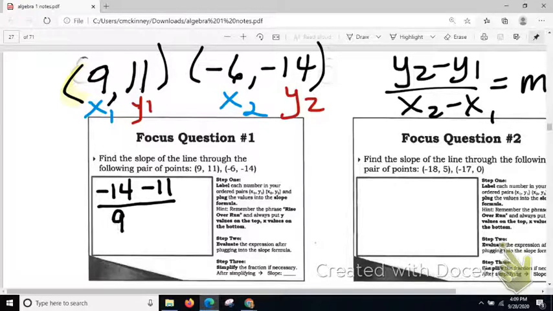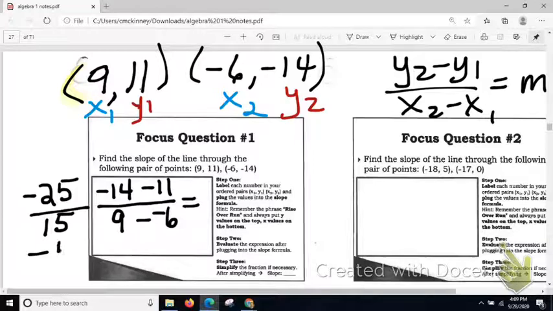And this is 9 subtract negative 6. Following our sign number rules, we get negative 25 over positive 15. And then when we reduce, we have negative 5 thirds, because 5 goes into 25 5 times, and 5 goes into 15 3 times.